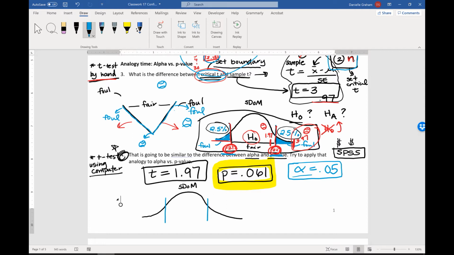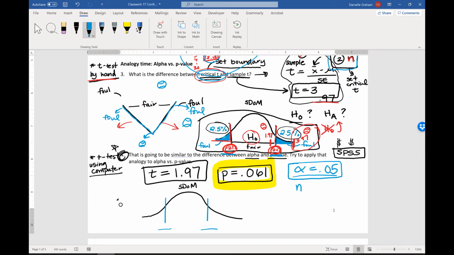It knows what n we're using because the computer can count how many data points we have. So the computer will automatically come up with these boundaries, and we don't even need to know what number represents that boundary, because at this point, that's all the computer's business.